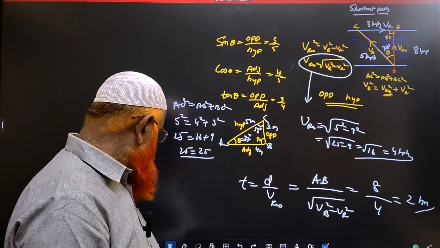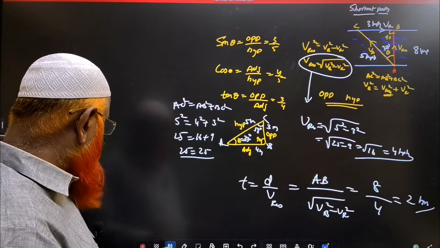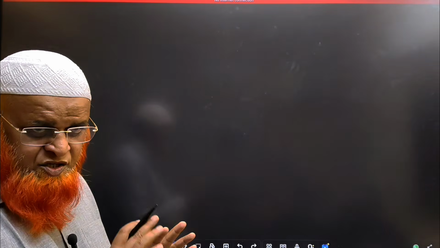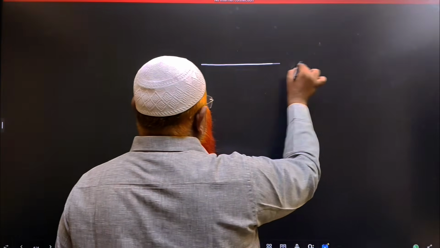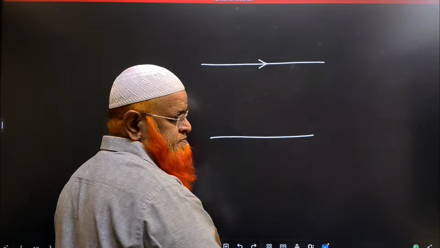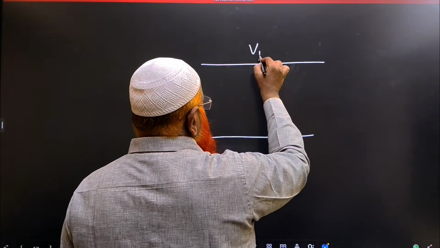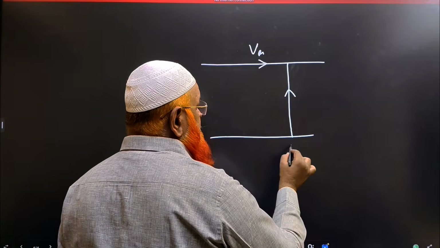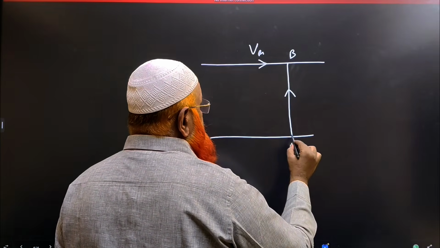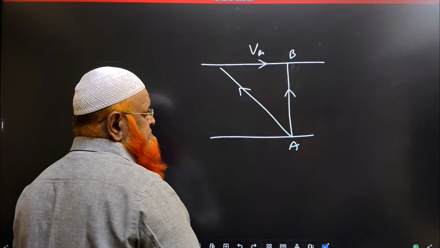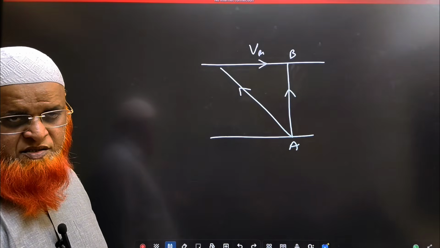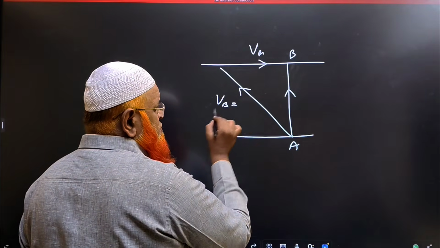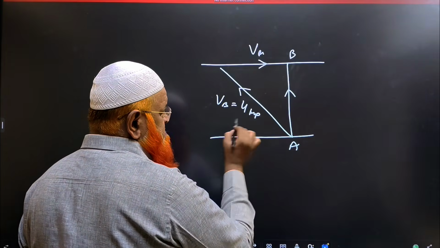Okay, so we will solve one problem. One more concept I'll tell you, and let us solve this shortest path concept. तो अभी देखो, this is a river, and you have reached an opposite end from A to B. So you are taking your boat like this, and your boat is having a speed of 4 kilometers per hour.